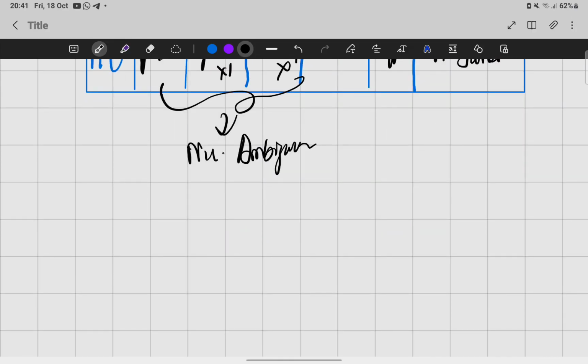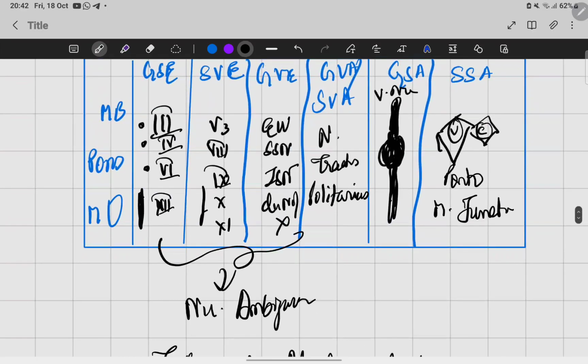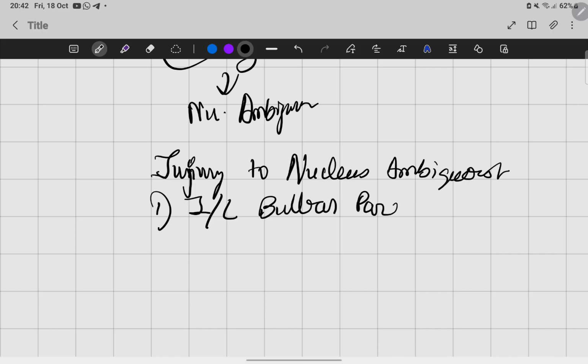Now let's discuss what will happen when there is an injury to the nucleus ambiguus. These are 3, 4, 6, 12, V3 mandibular, 8, 9, 10, 11, Edinger-Westphal, superior salivatory nucleus, inferior salivatory nucleus and dorsal nucleus of vagus. If this is damaged, what will happen? First, ipsilateral bulbar paralysis. The tongue will not be affected, but there will be ipsilateral bulbar paralysis and loss of gag reflex.